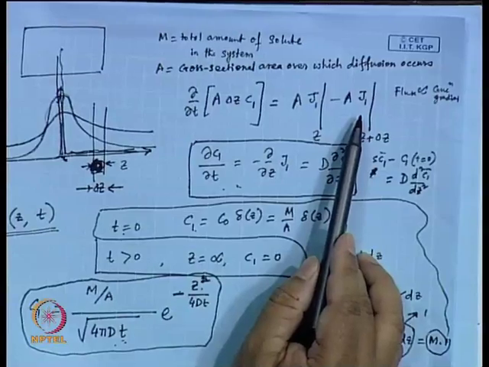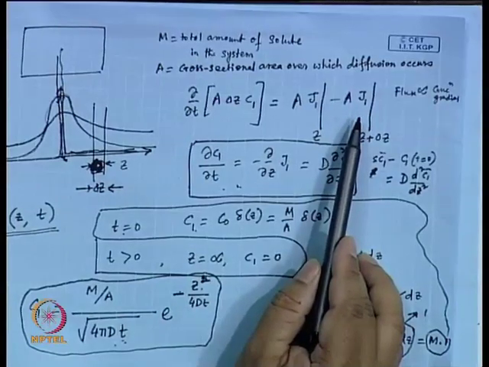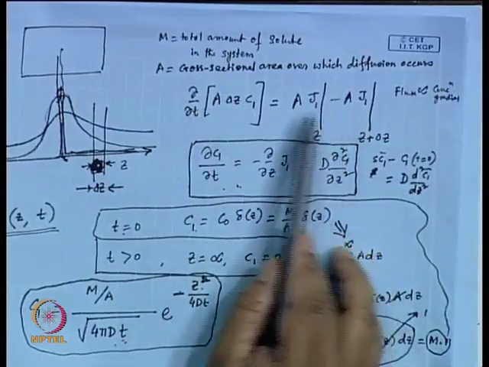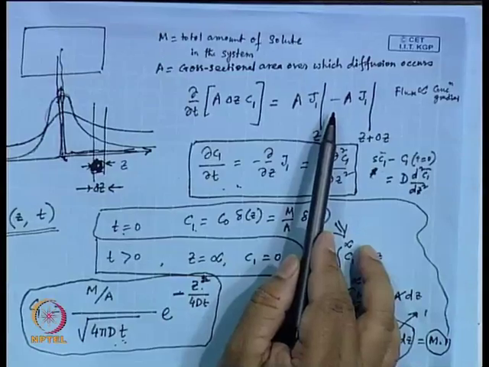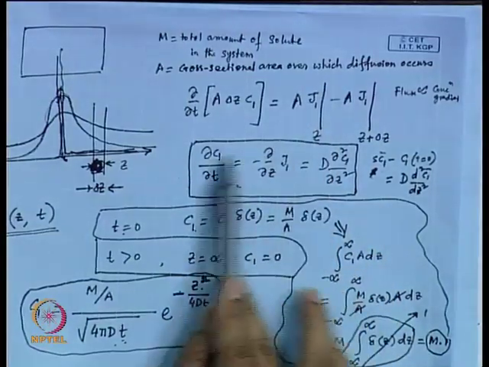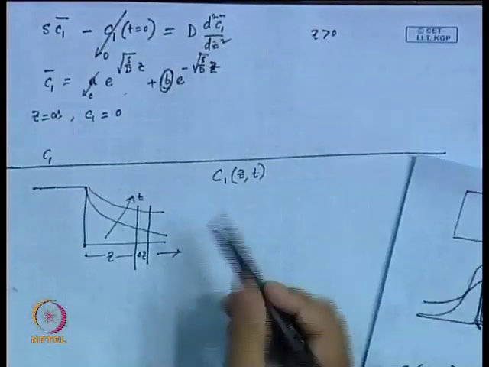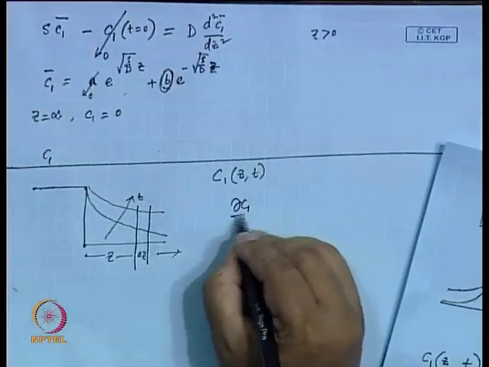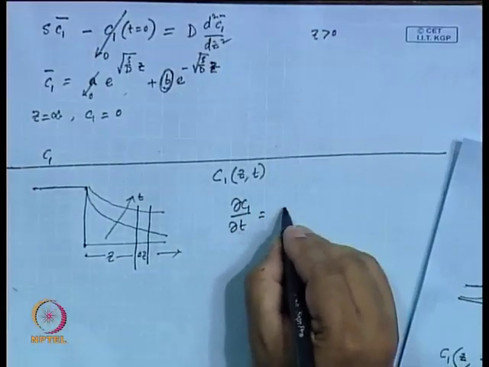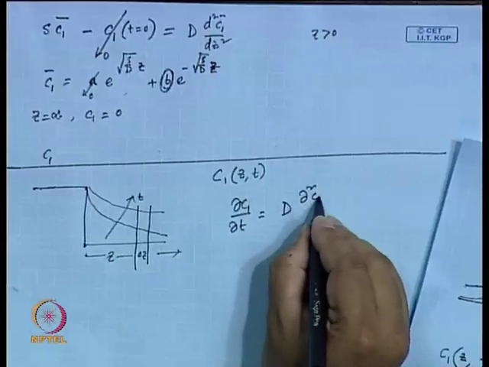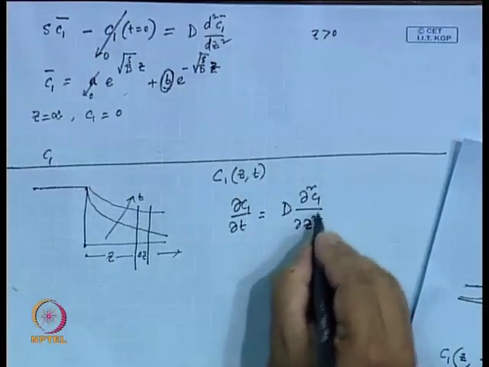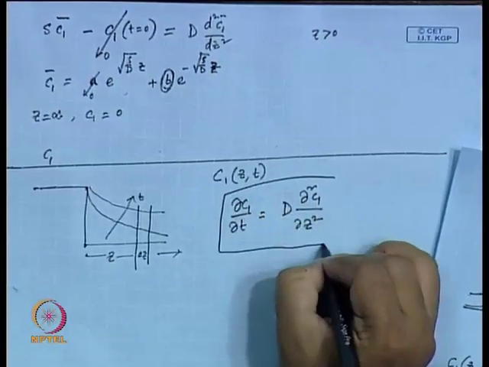If you do not put the initial and the boundary condition, that is different, but this governing equation would be valid. So, even closing your eyes, you can write that del C1 del t would be equal to D del square C1 del z square.